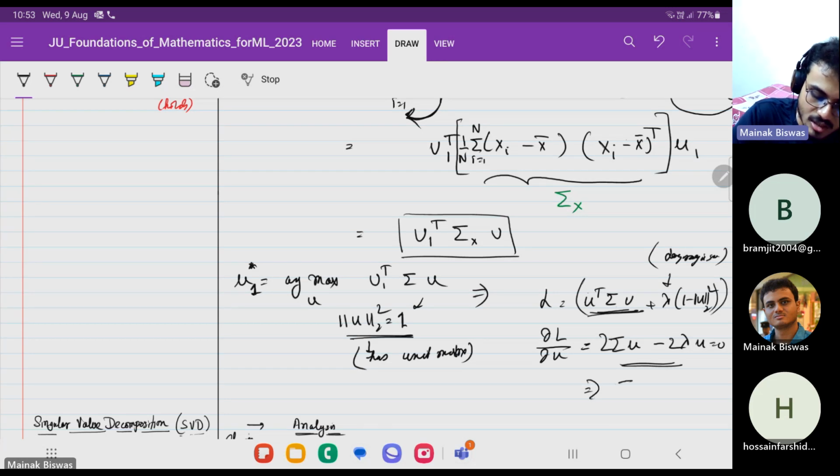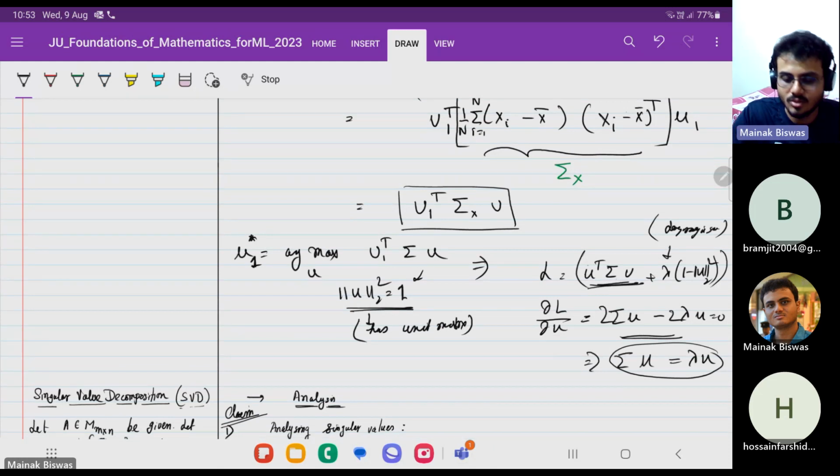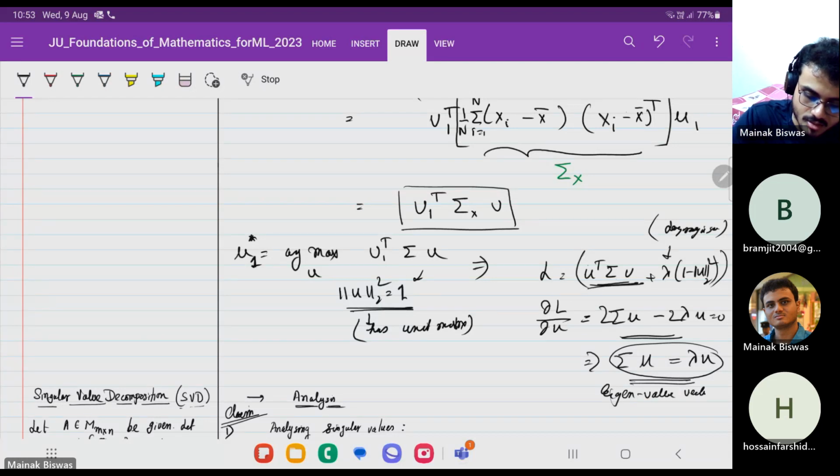So what did you get? You get sigma U equal to lambda U. What do you see from this? What equation is this? The eigenvalue eigenvector equation, right? This is how I started eigenvalues and eigenvectors. Do you recall?